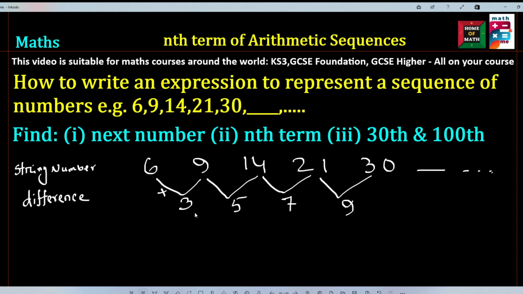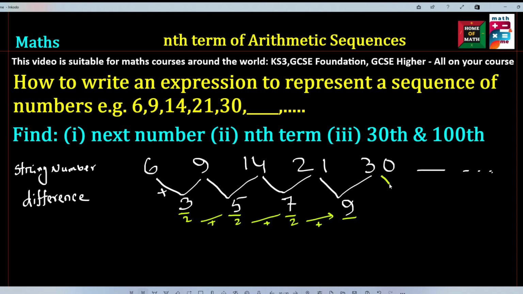Look, the differences have a similarity, like here is 3, here is 5, here is 7, here is 9. So it means 3 plus 2 becomes 5, 5 plus 2 becomes 7, 7 plus 2 becomes 9.